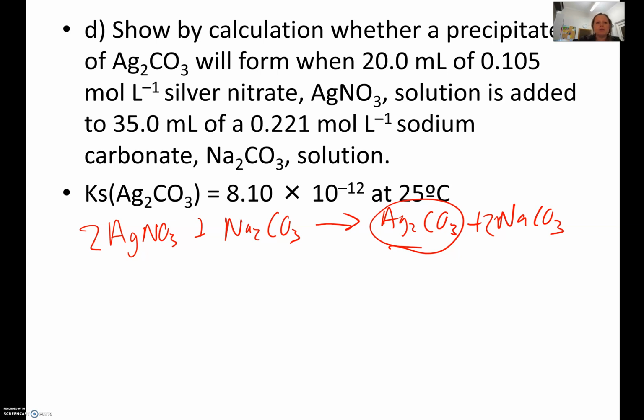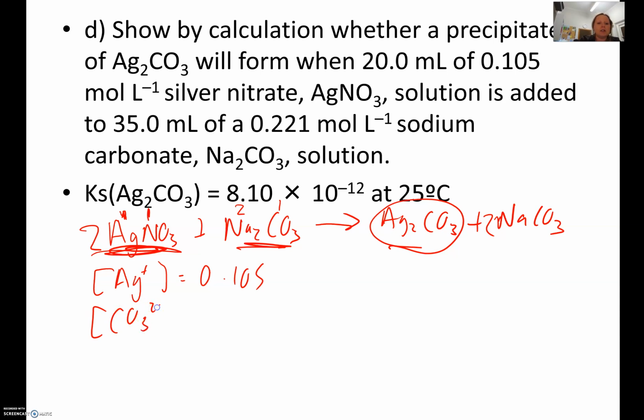So the first thing we do is work out the concentration of the ions we're interested in. So we're interested in Ag+. The Ag+ comes from the silver nitrate, and this is a 1-to-1 ratio. So we first just grab whatever concentration of silver nitrate there was, which was 0.105. We now look at the concentration of carbonate, which is in the 1 ratio, which means the carbonate concentration is going to be 0.221.